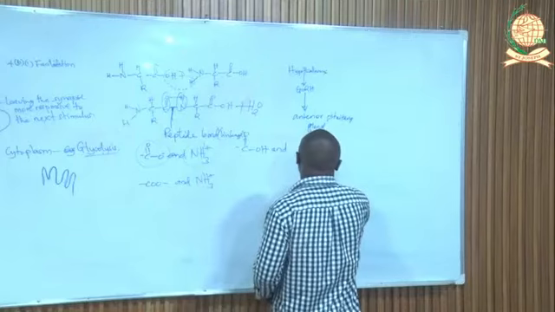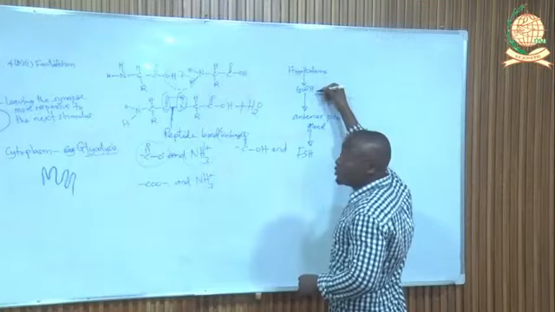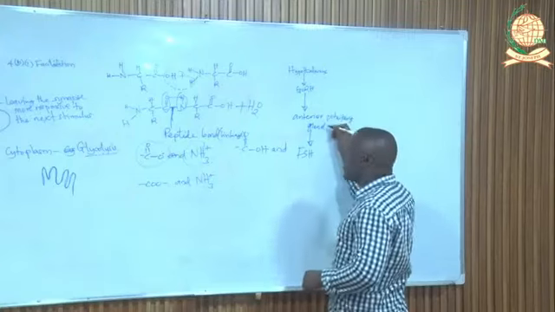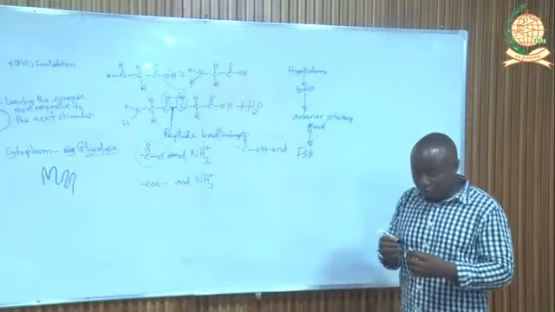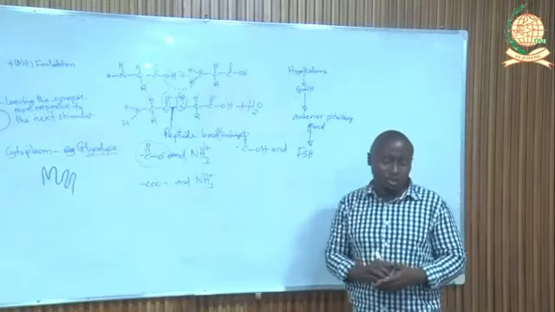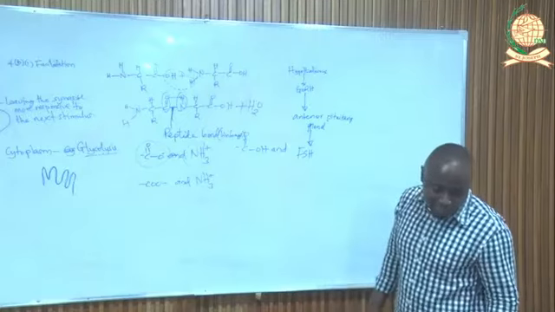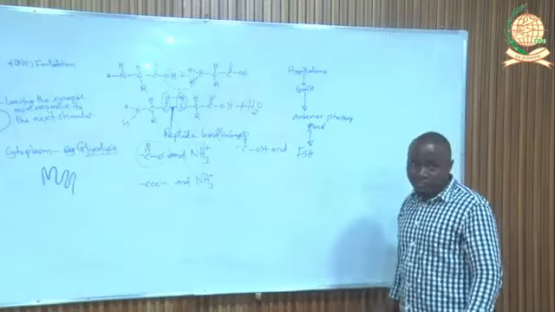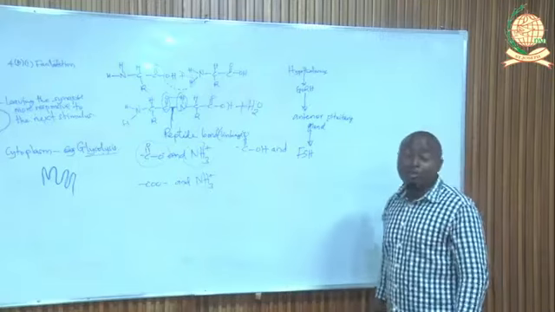Follicle stimulating hormone travels in the blood to its target, and here the target of the FSH is the ovary.